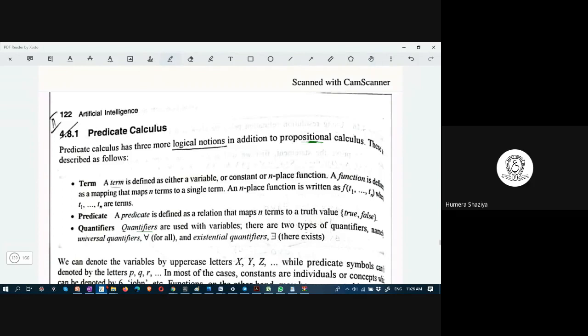In predicate calculus, we have a term. It is either a variable or a constant or an n-place function. A function is defined as a mapping of terms. A predicate is defined as a relation that maps n terms to a truth value. We have two kinds of quantifiers, universal quantifiers and existential quantifiers.